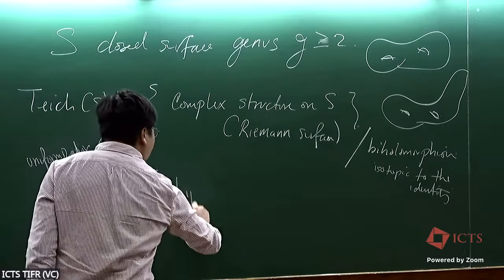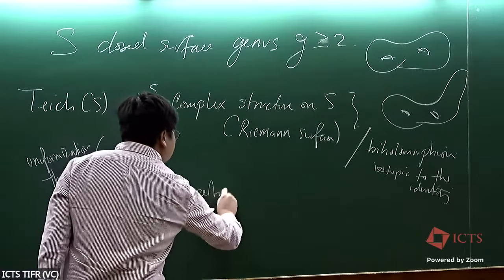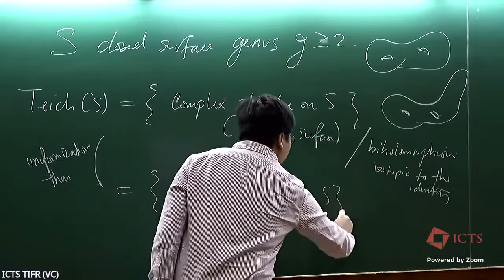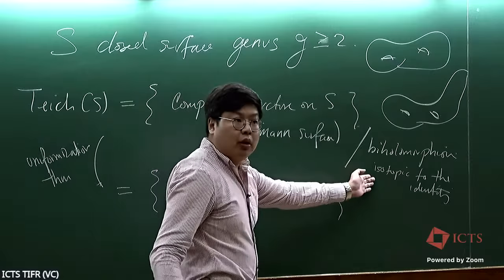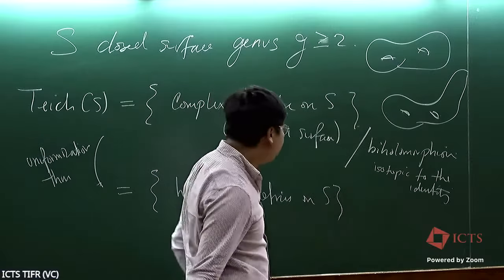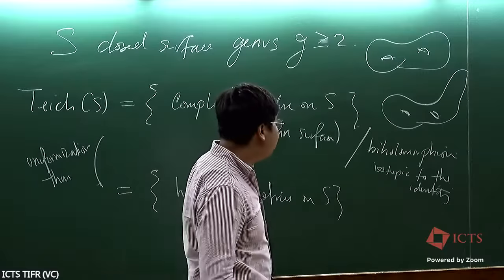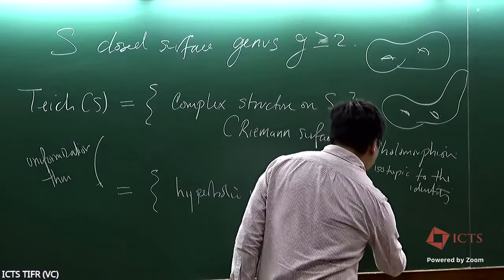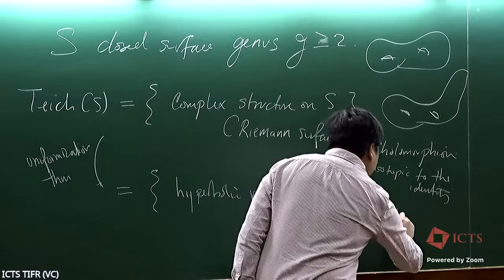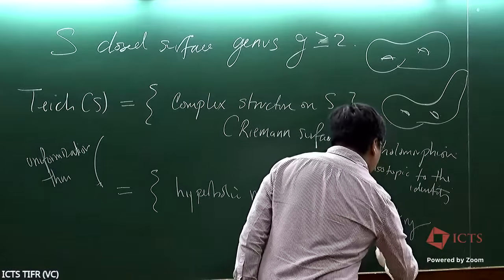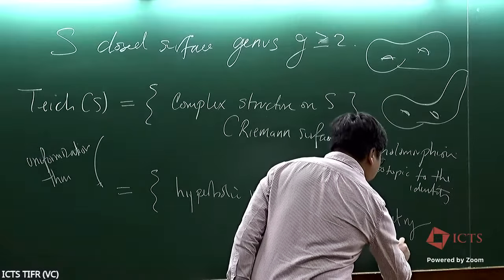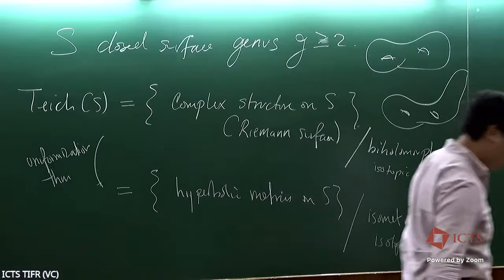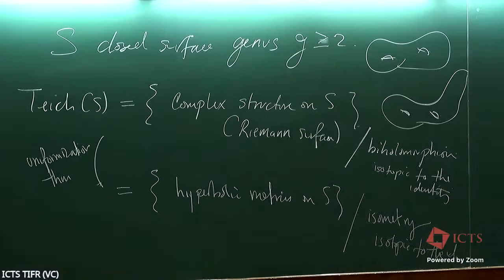These are just the hyperbolic metrics. Again, I need to identify different hyperbolic metrics. If I just wiggle something around, that's not good enough, so I don't want those to be regarded as distinct elements. So I look at these hyperbolic metrics up to isometry, and again, the isometry should be isotopic to the identity. That's the second perspective on Teichmüller space.